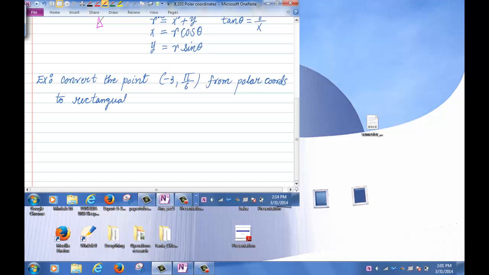Do you know the other name for rectangular coordinates? Cartesian coordinates, yes. You might see that word in the textbook or other places.